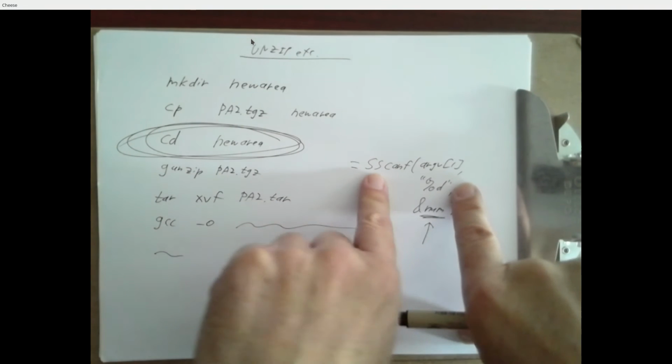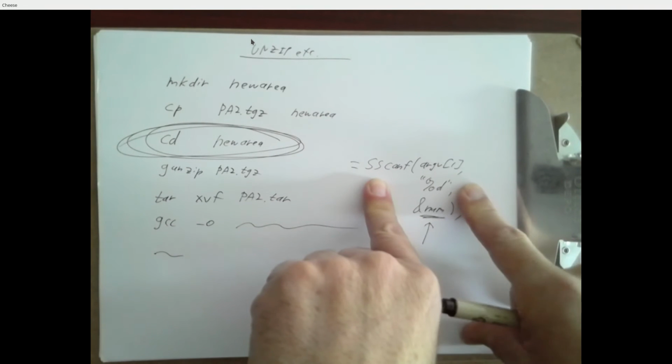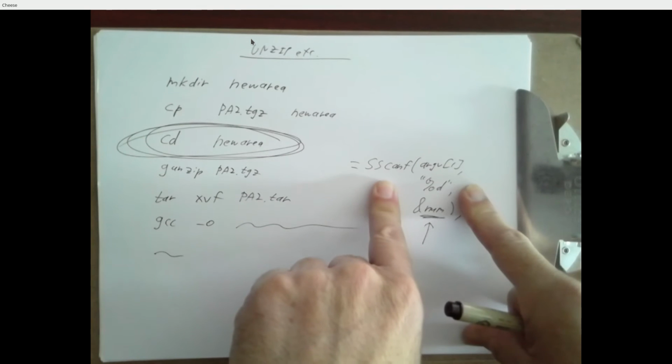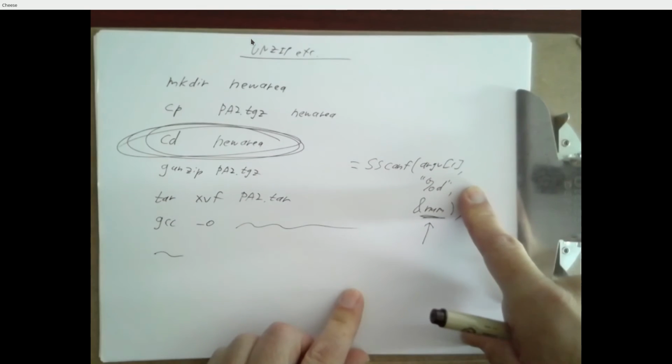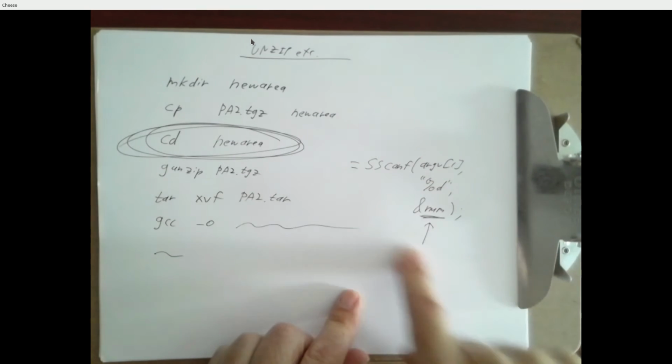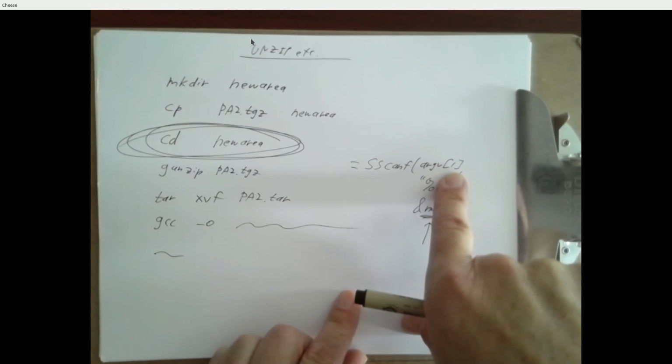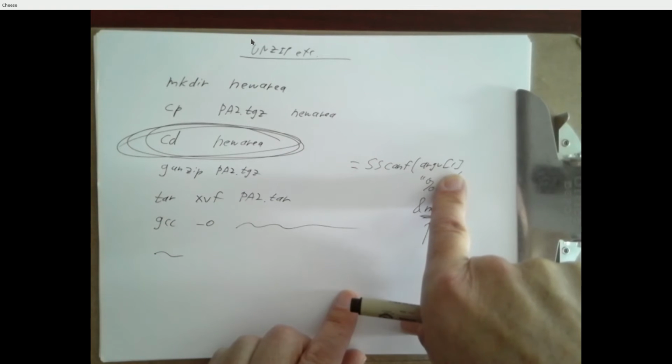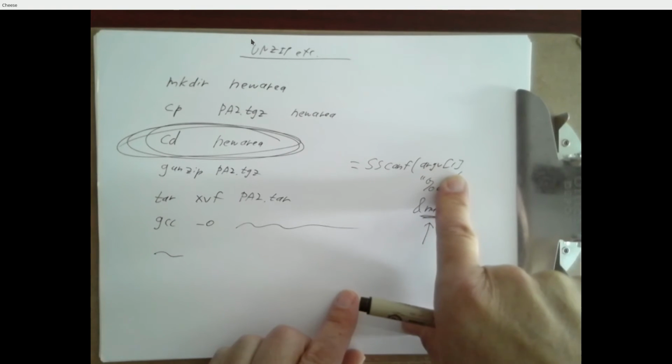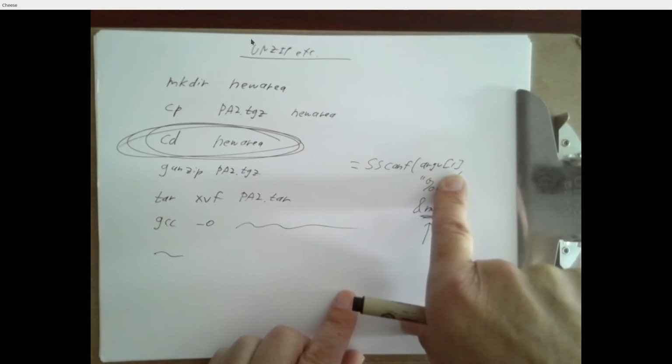So why can't this be the first statement in your main program? You have to check argc, right? If you come in here and try to work with argv bracket 1 and they ran the program without any arguments, this will seg fault. The only way you can prevent that is by first checking what argc is.